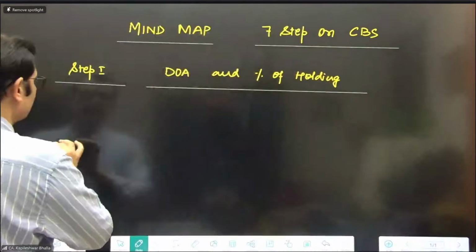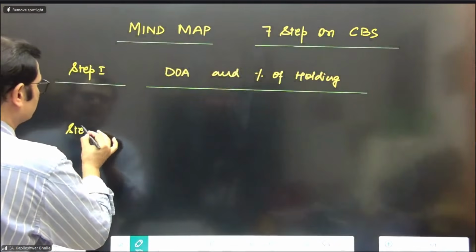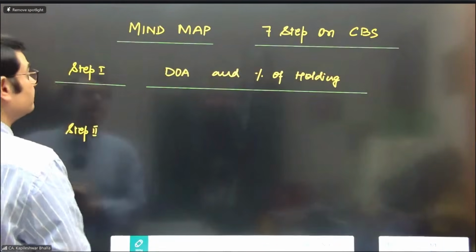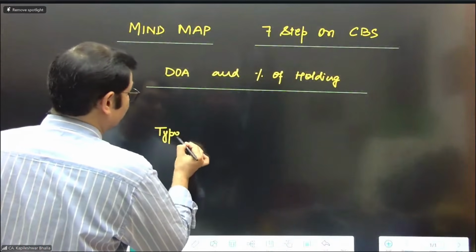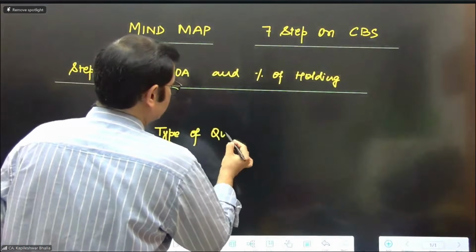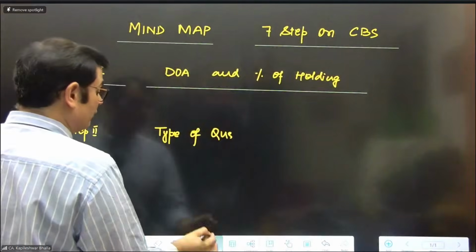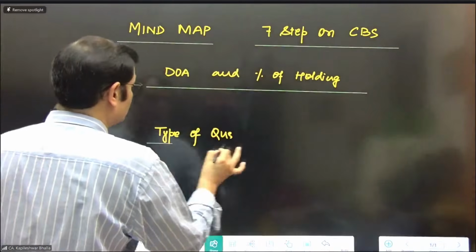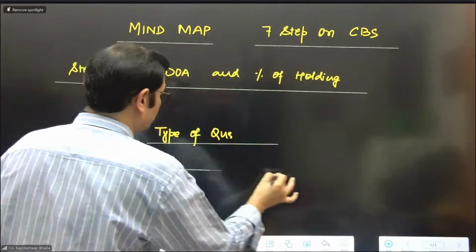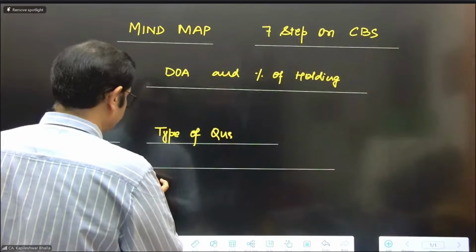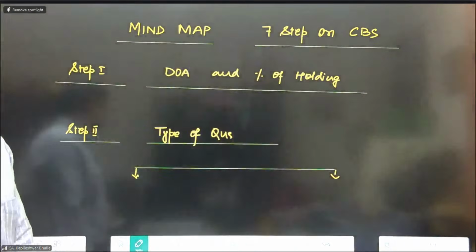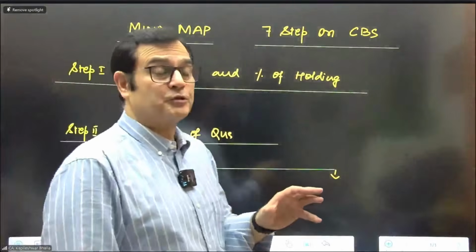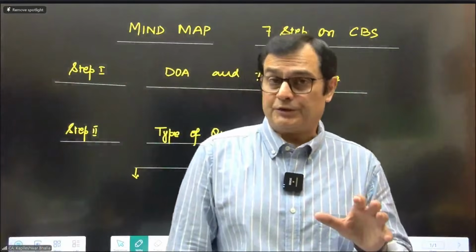Second, when you go to step number 2, it's important to see what the type of question is. You need not tell the examiner what the type of question is, but it is for your understanding that you should first of all identify it. If you've seen the regular sessions, you would remember I always segregate the type of questions into 2 broad categories.